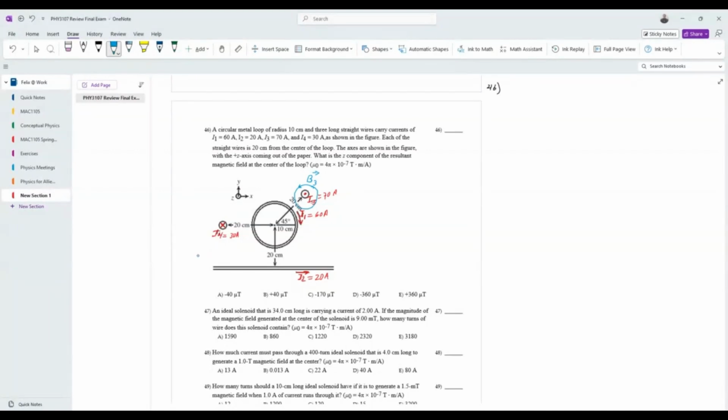This magnetic field is parallel to the plane of the loop. So it doesn't affect the magnetic flux, right? And it doesn't generate any component of magnetic field in the Z-axis.